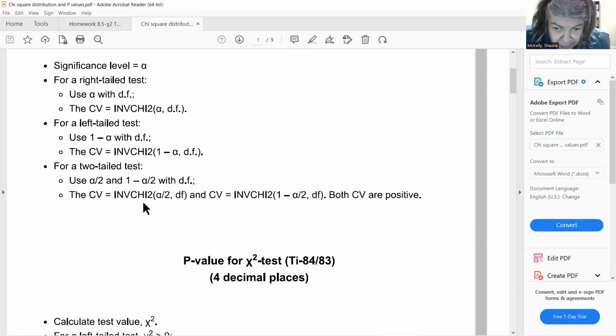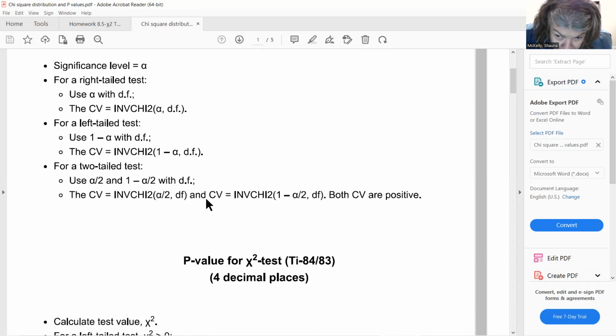So the chi-square distribution has 2 positive values, and you have to put them in separately this time. So for one of them, you have alpha over 2 and DF. You also have 1 minus alpha over 2 and DF. Those are the critical values.